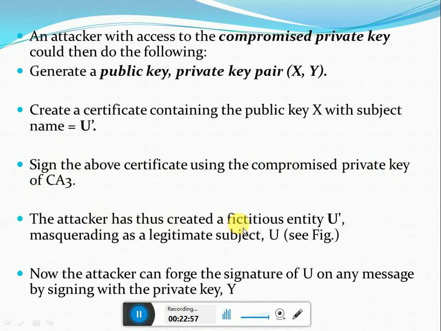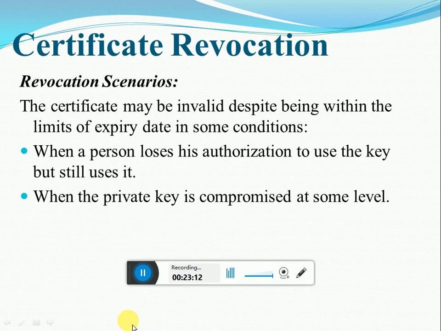The attacker has thus created some fictitious entity U. Now the attacker can forge the signature of U on any message by signing with the private key Y. To handle these two scenarios, we need premature revocation of certificates that were issued by some CA.